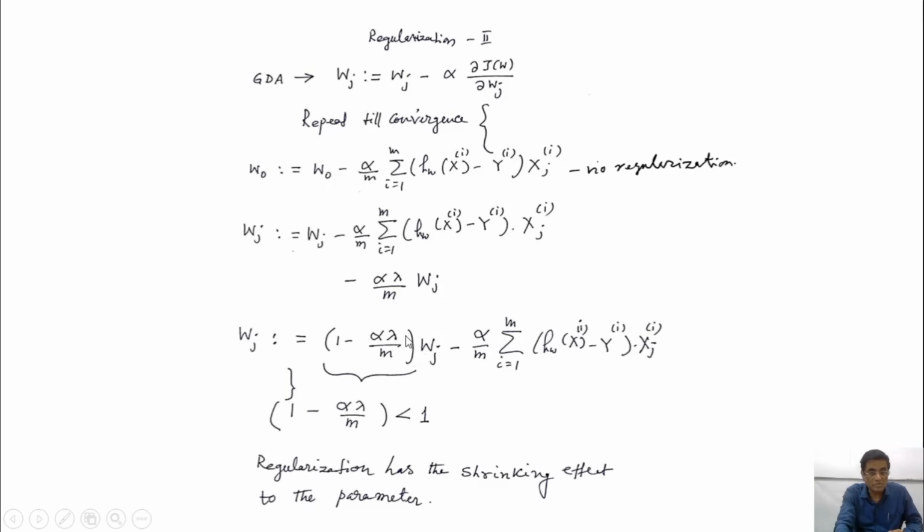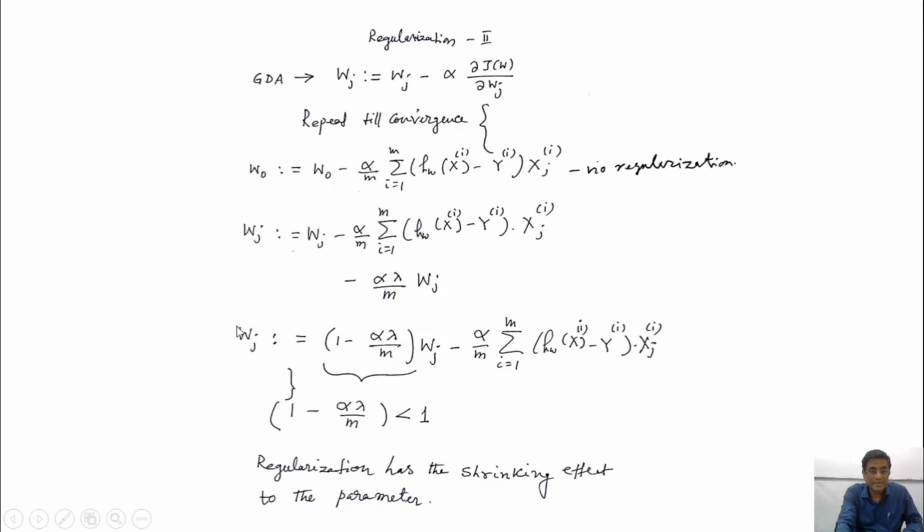Now wj is also regularized with this parameter, and see the nature of the parameter. Normally m is large, we are talking about a million samples, and alpha is small, say 0.01. So this term is much less than 1.